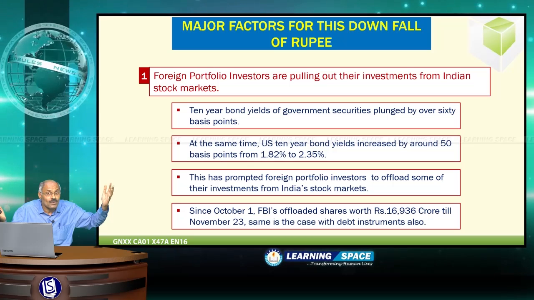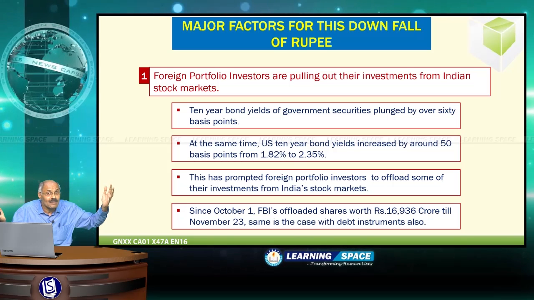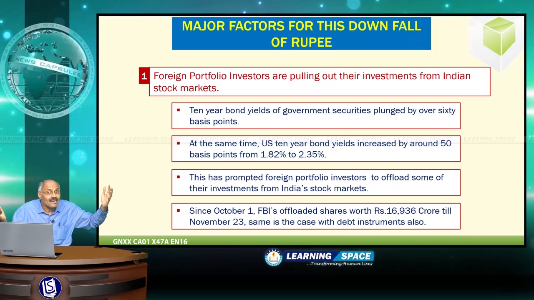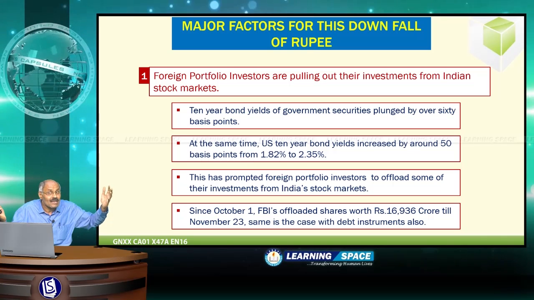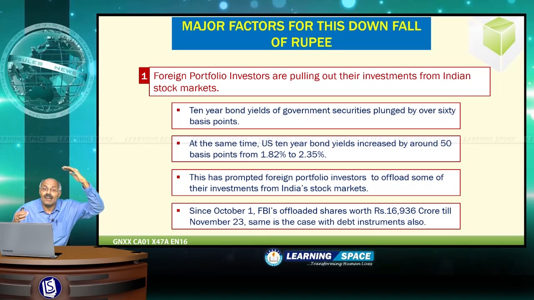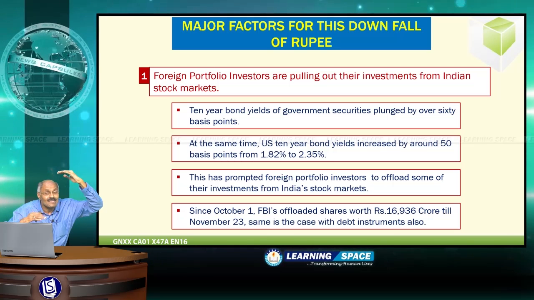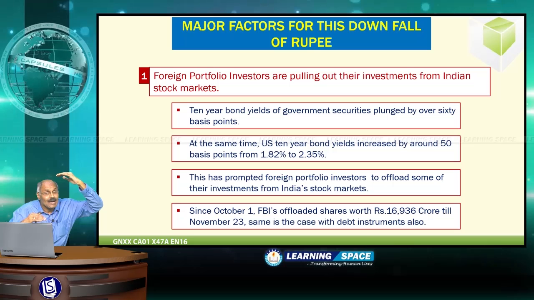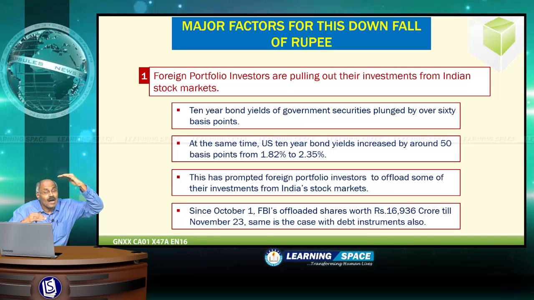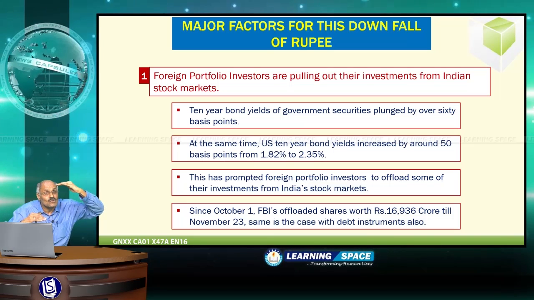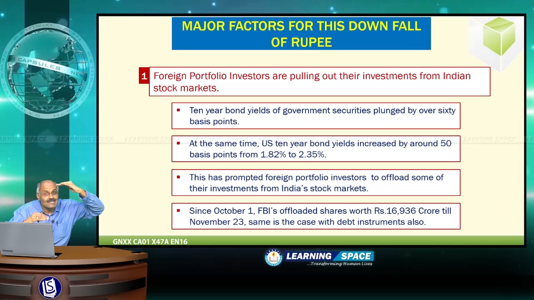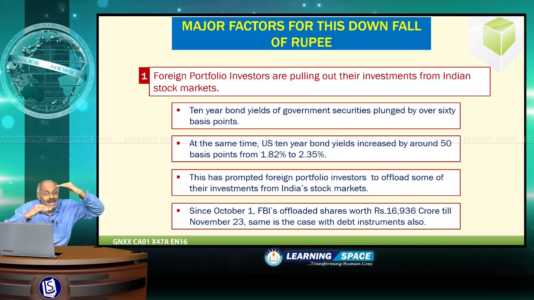Why the foreign portfolio investors are coming to India? Because of interest arbitrage. In our country, interest rates are higher. In USA, that means in advanced economies, the interest rates are less. And what happened in recent times? Our interest rate structure reduced, whereas interest rate structure in United States of America increased.